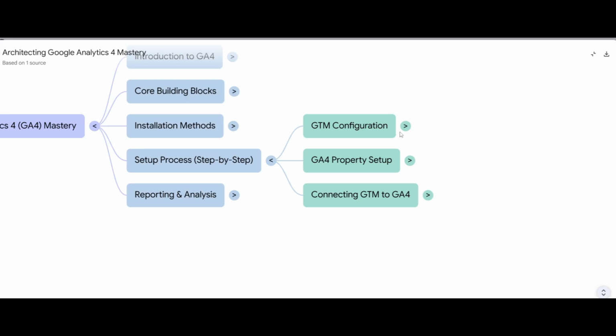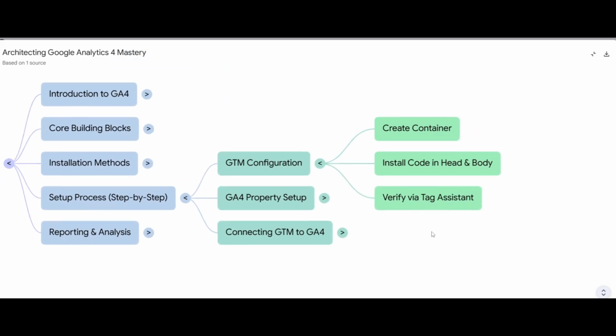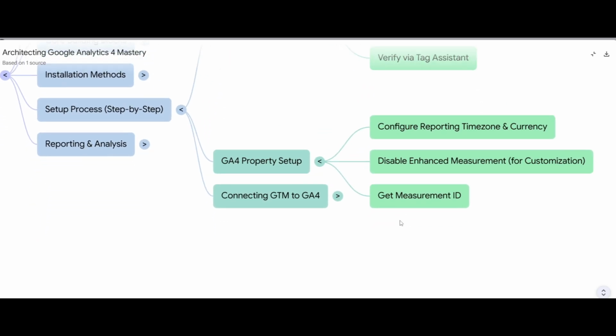GTM configuration: you can create a container, install code in head and body, and verify. You need to verify with Tag Assistant. GA4 property setup: configure reporting time zone and currency, disable enhanced measurement for customization.